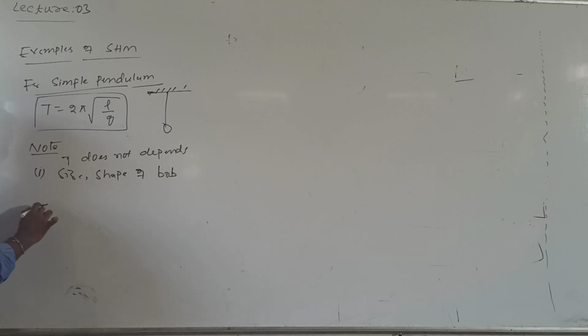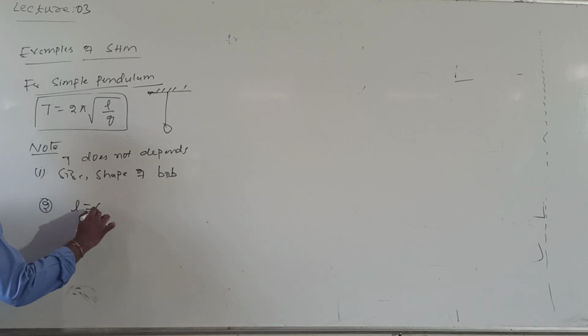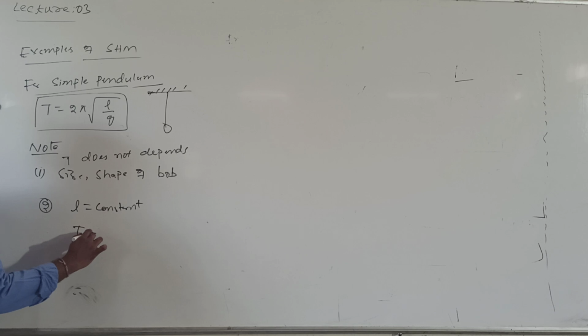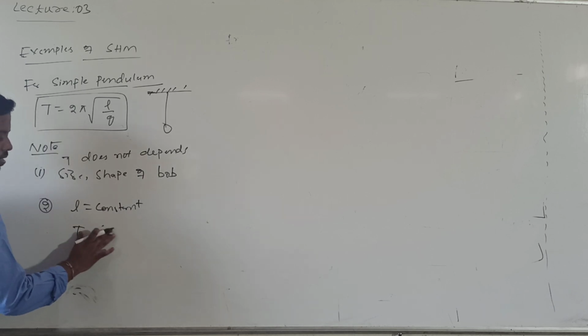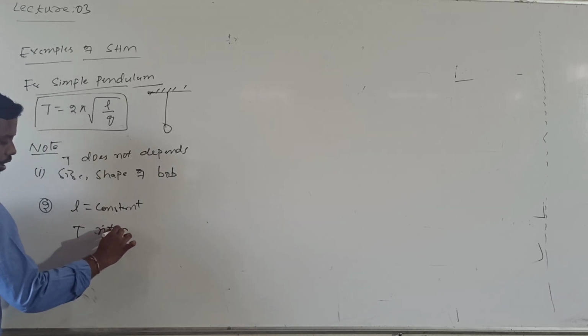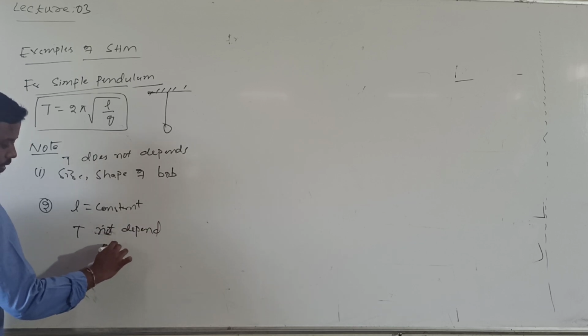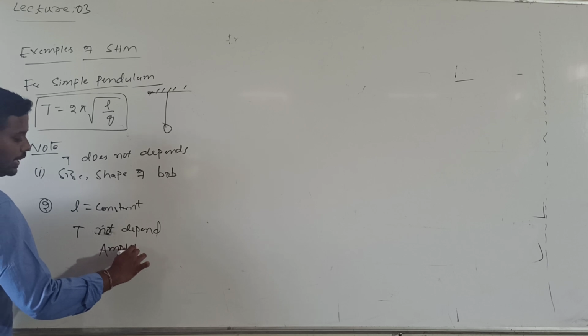Point clear? And the second point is, for a constant length of the pendulum, whenever L value is constant, the time period value T does not depend on amplitude of vibration. Whatever the amplitude, let it be.